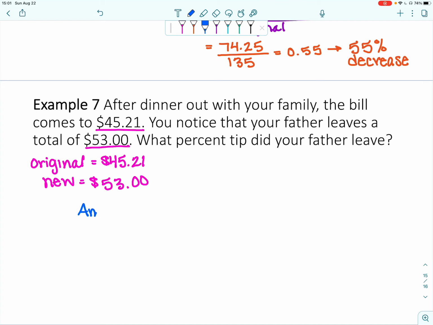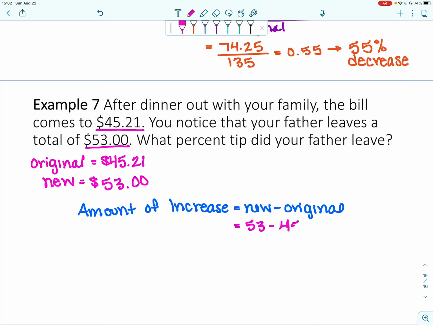So we want to know, what was the amount of increase? How much did we increase the bill by? So now I'm going to take the new and I'm going to subtract the original. I'm trying to keep myself in the world of positive numbers here. So I saw $53 was left.